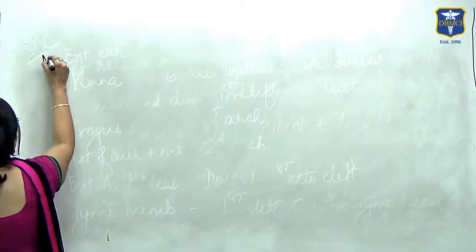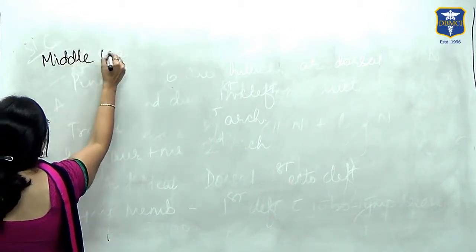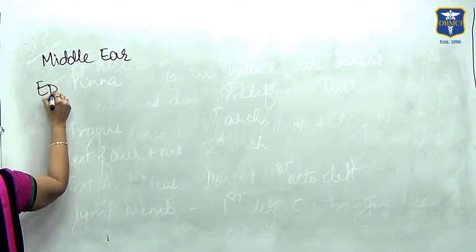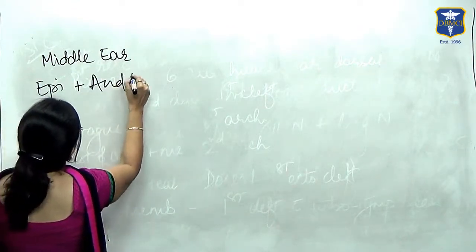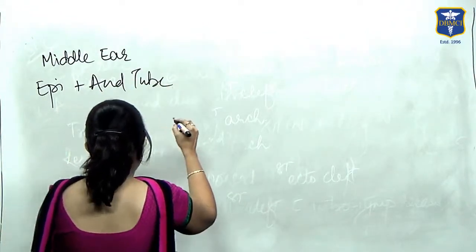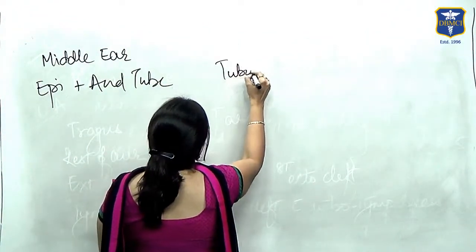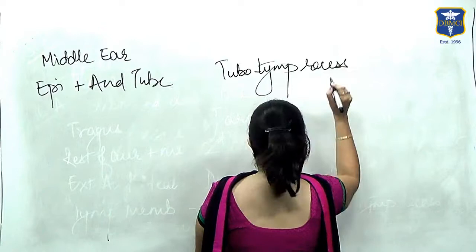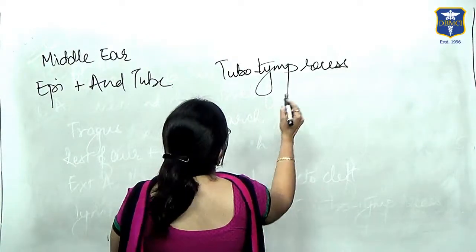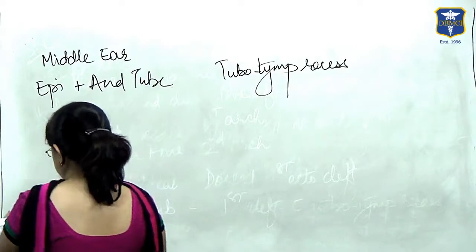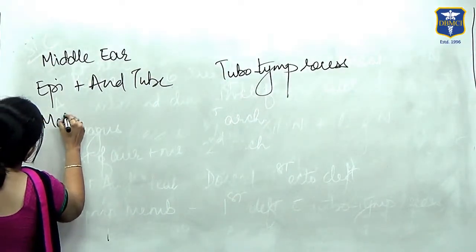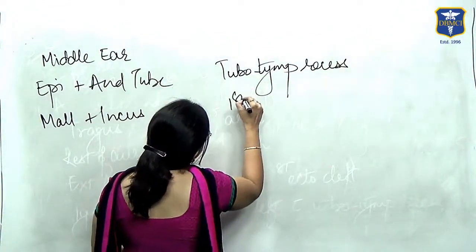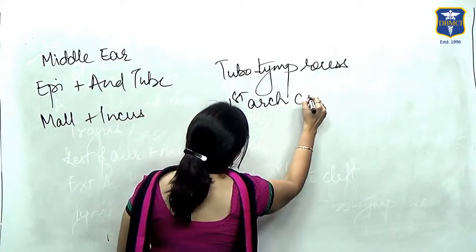Coming to the middle ear, the epithelial lining of the middle ear and the auditory tube develop from the tubotympanic recess, the first pharyngeal pouch. Malleus and incus develop from the first arch cartilage.